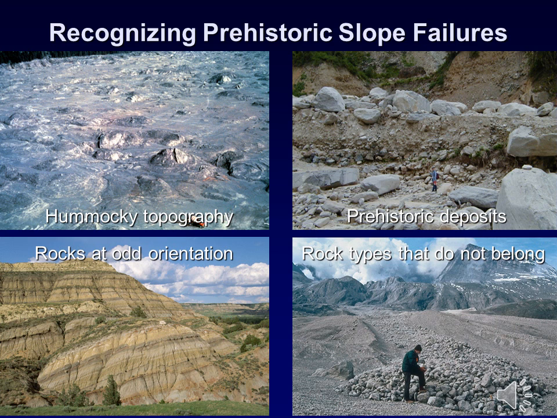Prehistoric deposits. You're looking for debris flow deposits. So it's going to be poorly sorted, very large clasts along with small clasts. Rock types like breccia are really common. Rocks at an odd orientation. Here you're looking for rotated blocks.